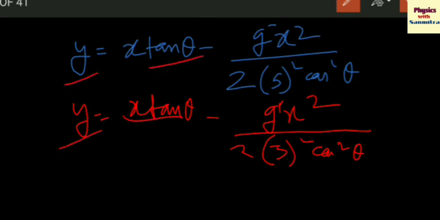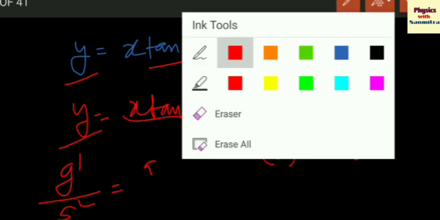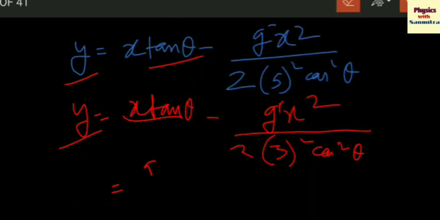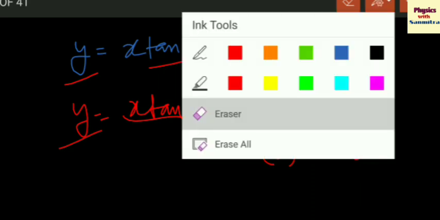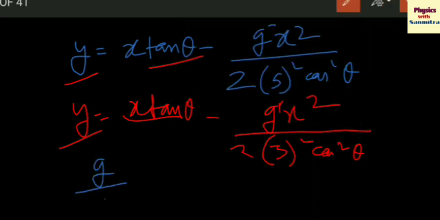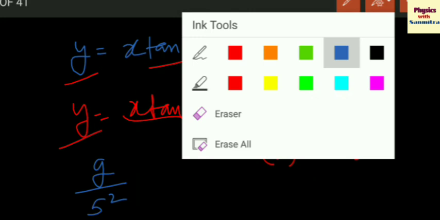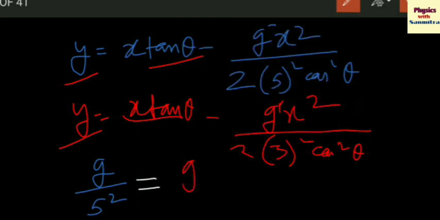So g by 5 square, for the Earth, is equal to g dash by 3 square, and I will get the answer.